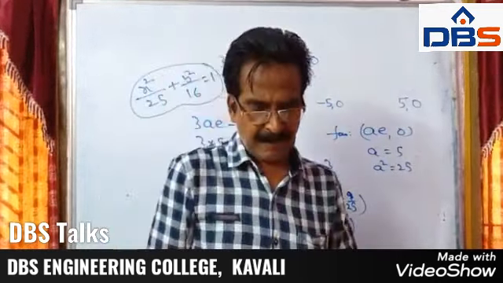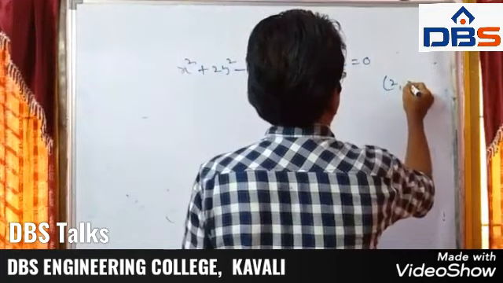Find the equation of the tangent and normal to the ellipse x square plus 2y square minus 4x plus 12y plus 14 is equal to 0, at the point 2 comma minus 1.